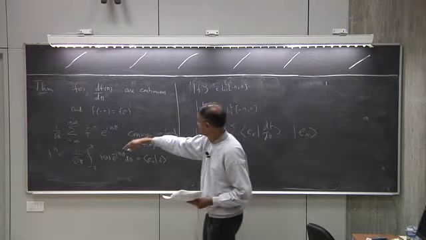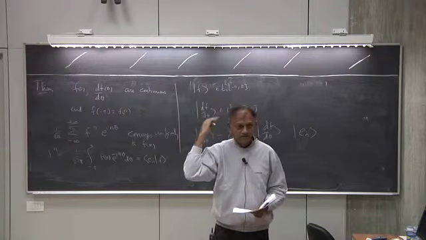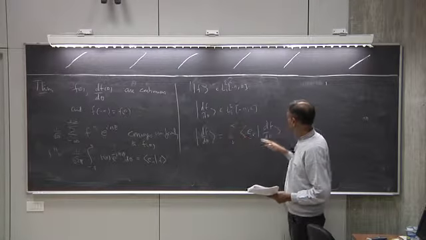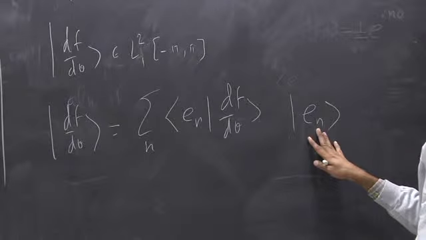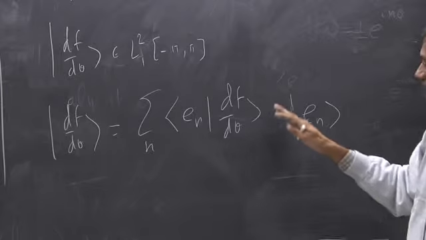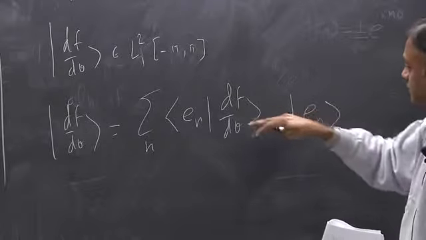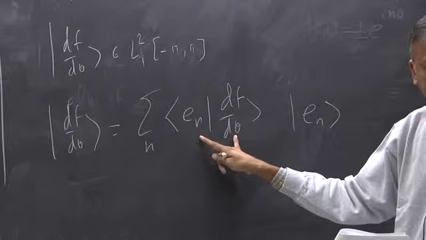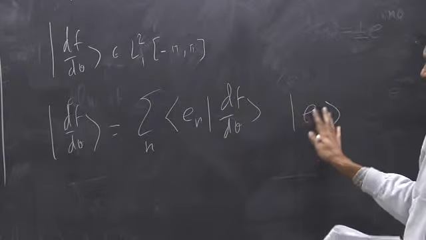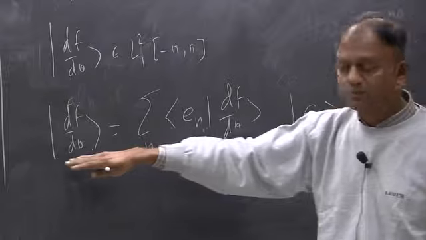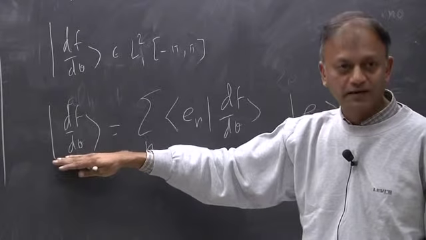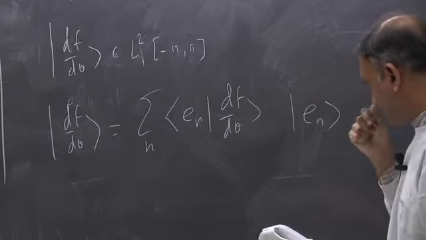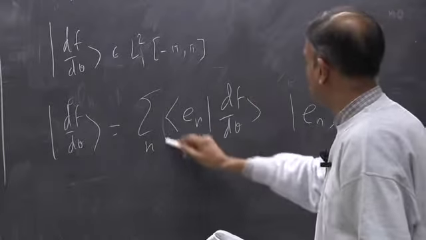I just use the theorem which I mentioned just before: given a vector in L2 and an orthonormal basis, I can always write it as some coefficient times En summed, and that coefficient is given by this. That was the statement. So this series will converge almost everywhere to this df by d theta. That's what it's saying.